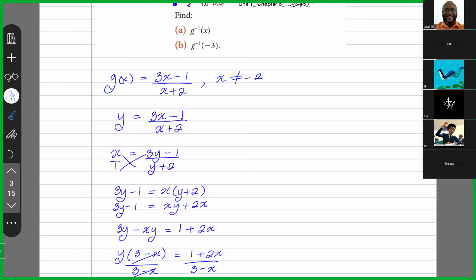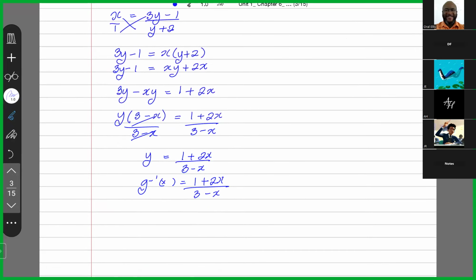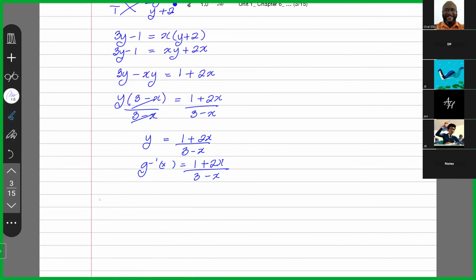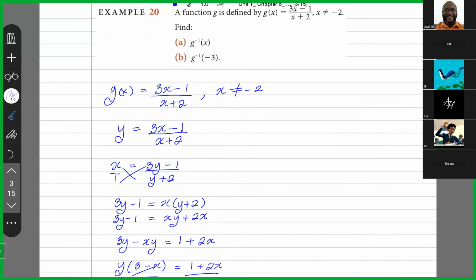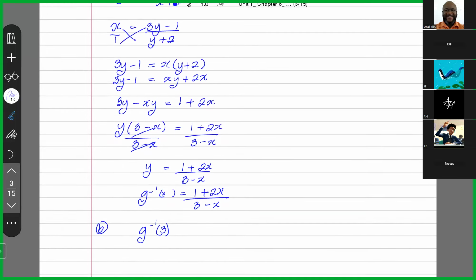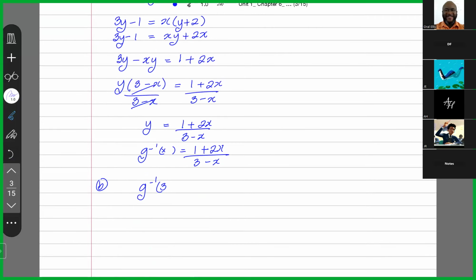That was A. B is asking us to find g inverse of minus 3. Let me just double check to ensure it's 3 and not minus 3. Actually, it's minus 3. So g inverse of minus 3.